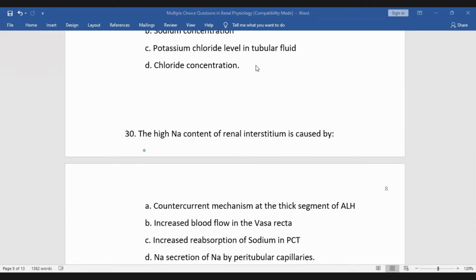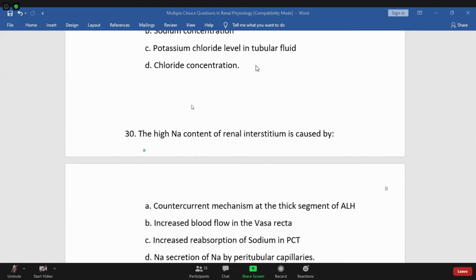So then, increased reabsorption of sodium in the PCT. What happens to the sodium which is reabsorbed in the PCT? Now try to remember, the PCT is, most of the time, whether it is the cortical glomeruli or the juxtamedullary glomeruli, in this region.